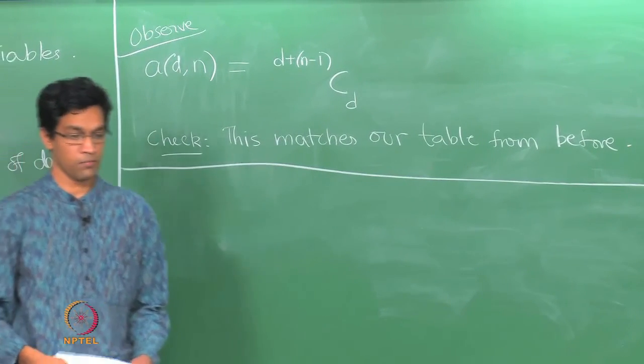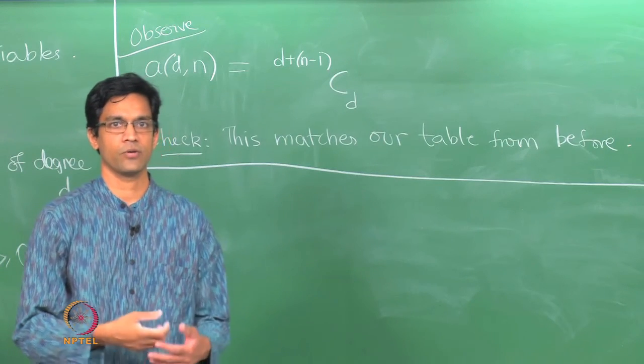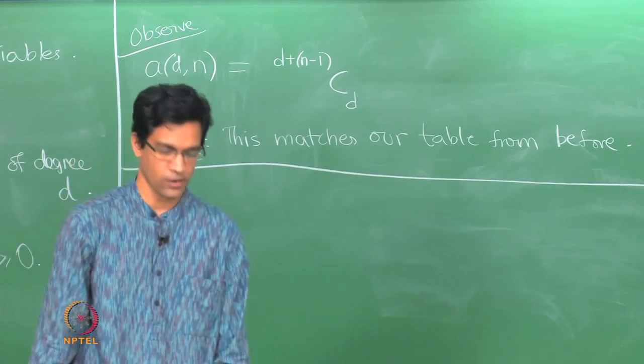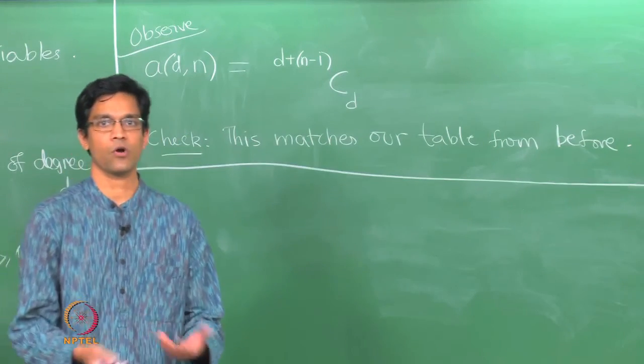That is a nice exercise to do. Okay. So a problem on counting monomials turns out to be just a problem of doing combinations with repetitions being allowed. So next time we will talk about something more on permutations.